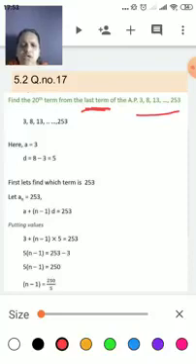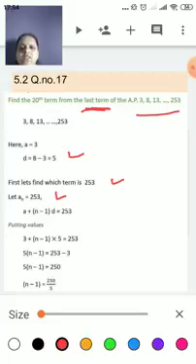No need to get confused. We will simply reverse our sequence, writing the first term as 253. Then it will be easy. The D will remain the same even if you interchange it. D is 8 minus 3, which is 5. So now an is given as 253.